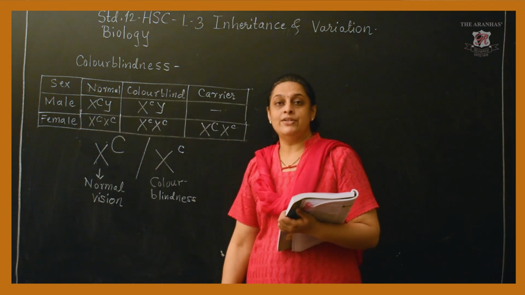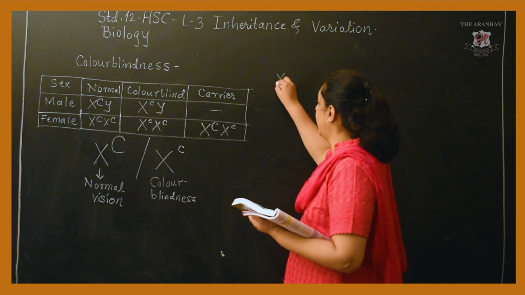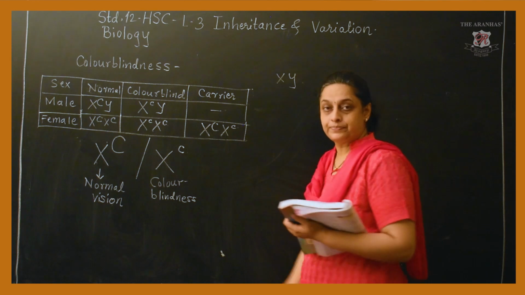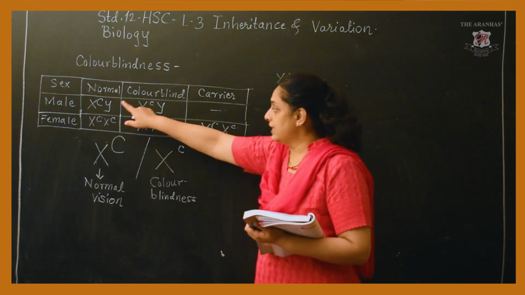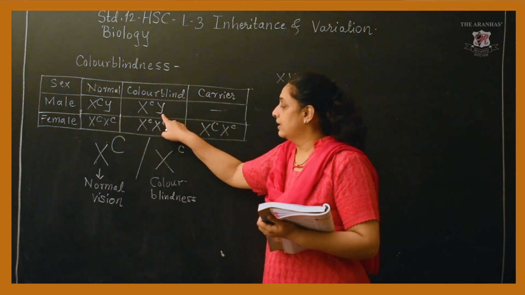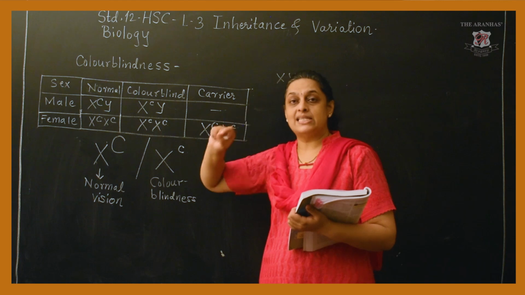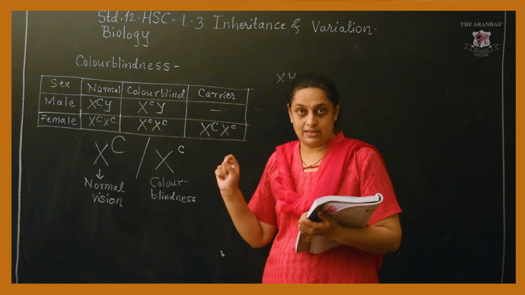Human males have X and Y chromosomes, so X and Y are written denoting the basic genotype of males.